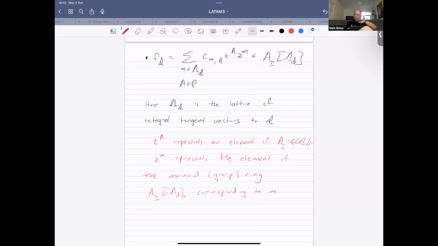Okay, so this is a polynomial of some sort. It has coefficients c_{m,a}. These will just live in the ground field C. And again, just to repeat, the t^a defines a class in this ring A_I, and the z^m corresponds to elements in Lambda_D.